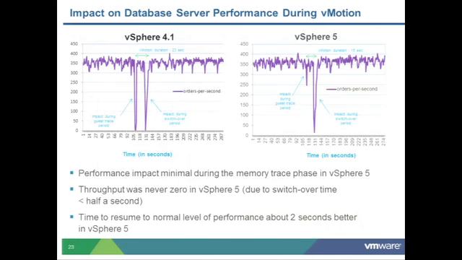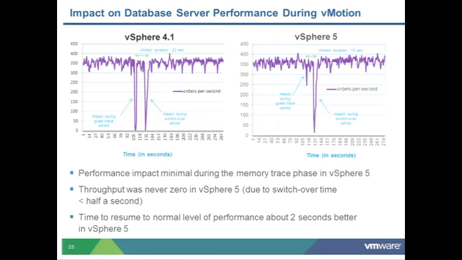So once again, I wanted to also take a look at the performance impact on the database server during and after vMotion. Once again, I have two graphs here depicting the database server performance during the entire vMotion. As you can see here, during the steady state, we had about 350 operations per second.